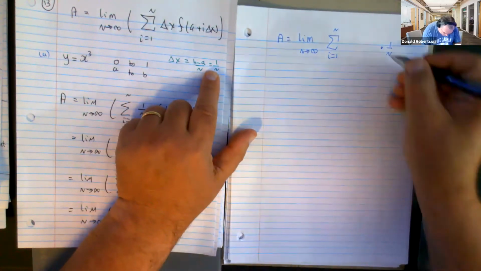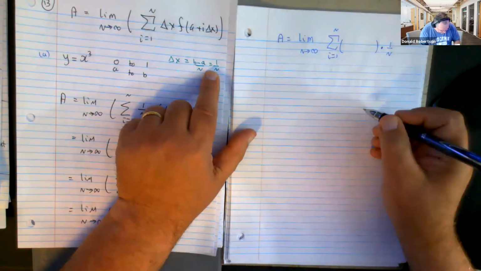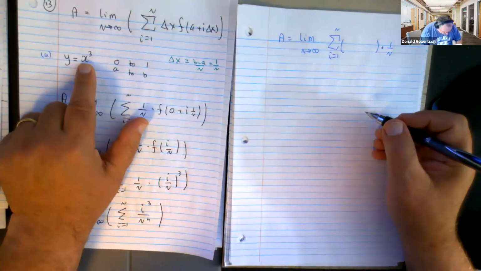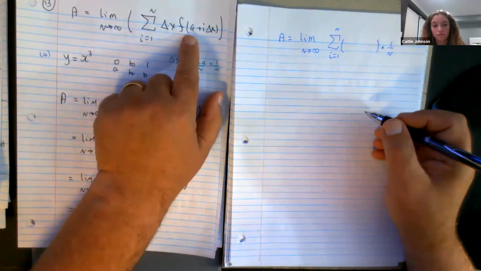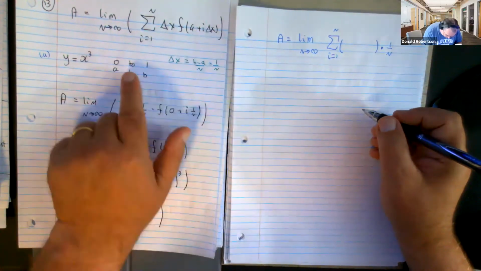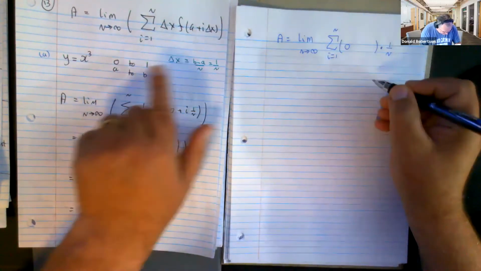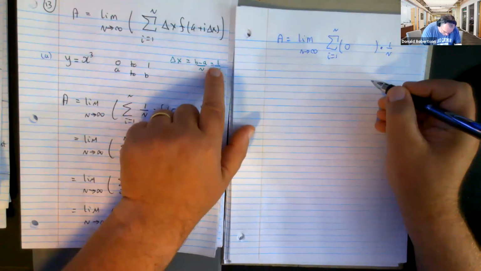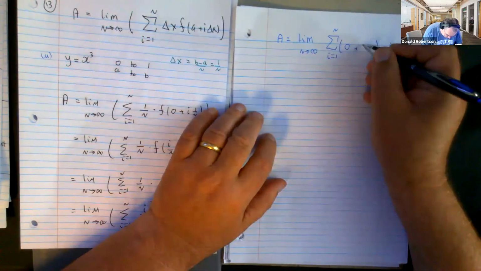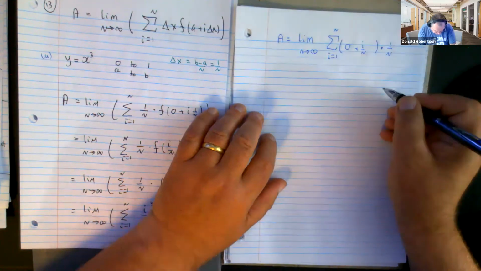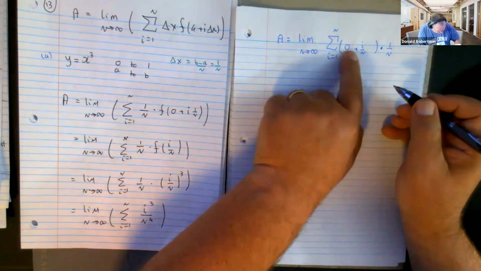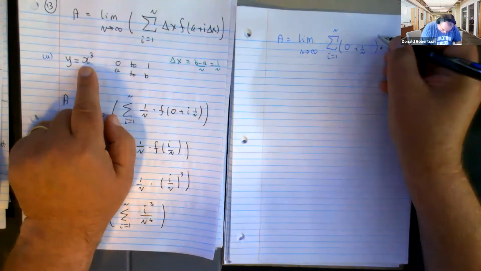Right. And then the bit that goes here is the value of the function x cubed at a plus i delta x. Now a is 0. Delta x is 1 over n, and i times that gets you i over n. So that's basically what x looks like. So x cubed becomes that cubed.